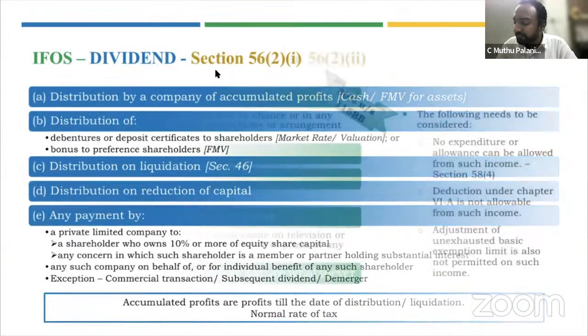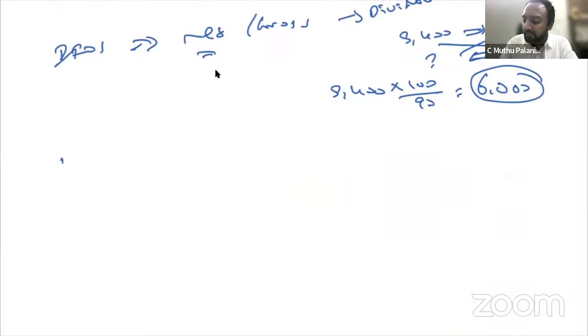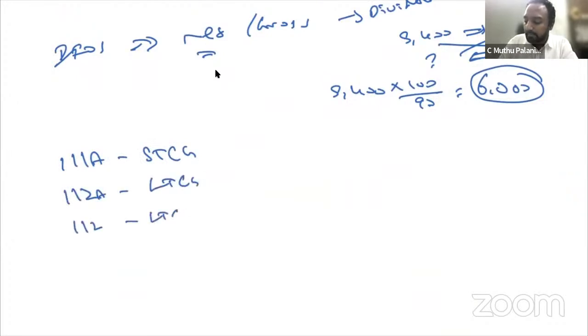Similarly, where I say deduction under chapter 6A is not available: for example, in capital gain we saw 3 sections. 111A is STCG, 112A is LTCG, and 112 is also LTCG.